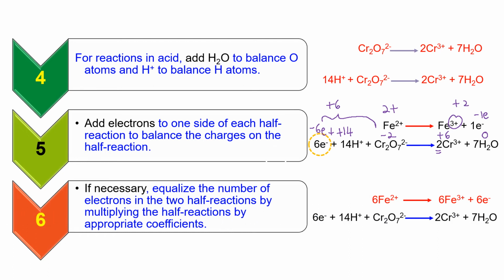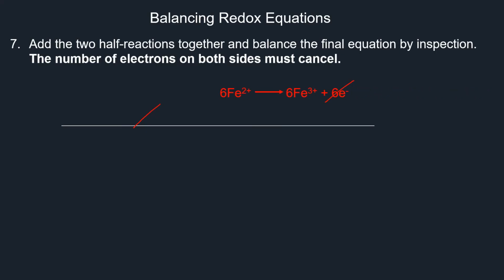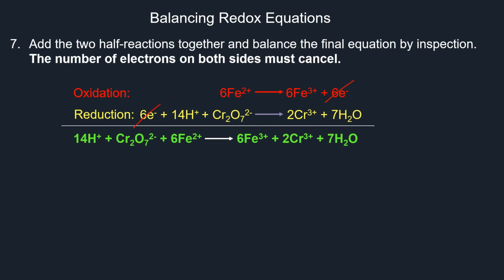Alright, what you should do now is multiply by 6. Then after that you can cancel the 6 electrons on each side, then you add on. All the things placed on the left hand side you add downward, and after the arrow you put the right hand side. So you have the final equation, which is 14 H+ plus Cr2O7 2- plus 6 Fe2+ produce 6 Fe3+ plus 2 Cr3+ plus 7 H2O.